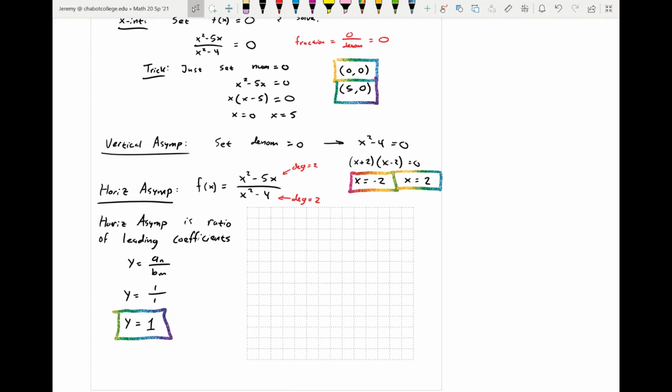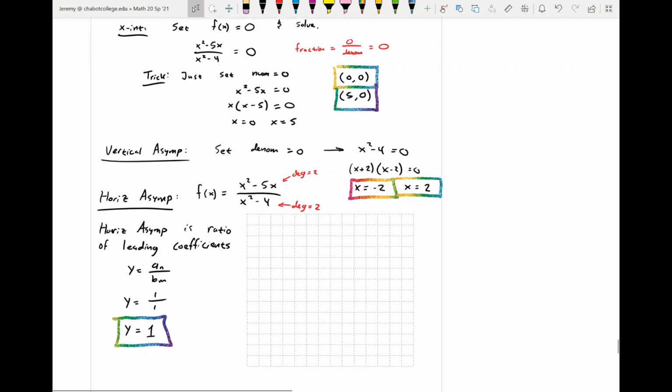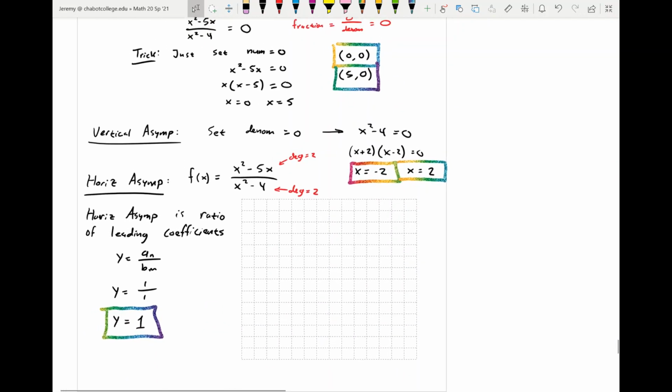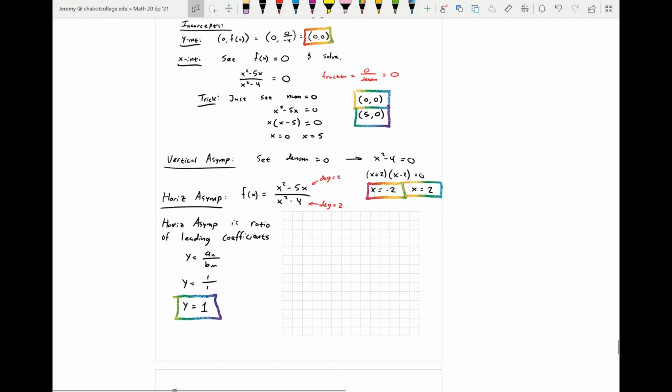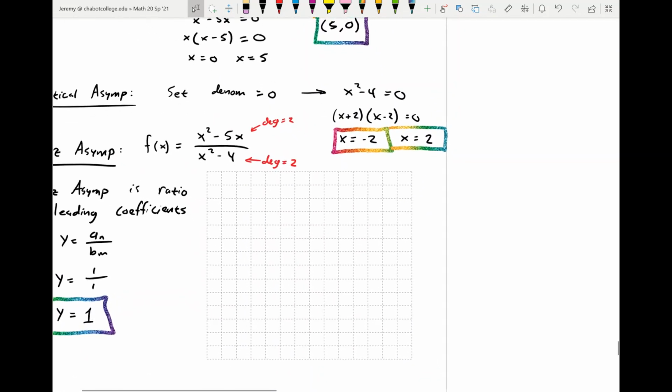Then I'm going to do a table of values and get a couple extra points, and make sure that my graph looks okay. All right. So I will put my axes in pretty central locations. There's my x-axis. There's my y-axis.